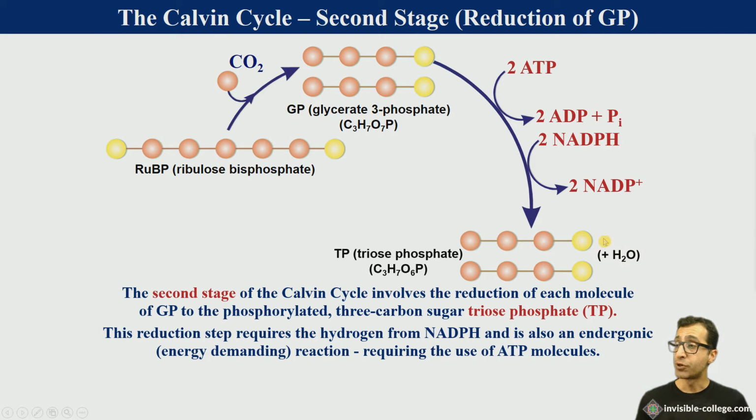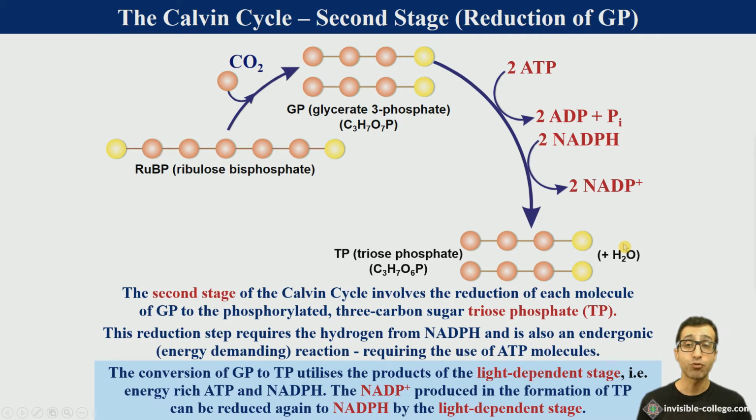So this also produces a water molecule. So the conversion of GP to TP utilizes the products of the light dependent stage. So again, we got this ATP from the light dependent stage. We also got NADPH from the light dependent stage as well.